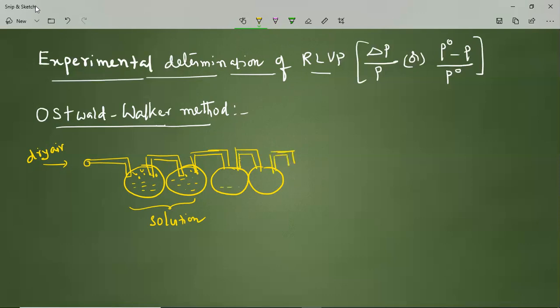So here we have the solvent, and this U-shaped bulb is in turn connected with a U-shaped glass tube containing a dehydrating agent. Particularly, you can consider anhydrous calcium chloride in this one.